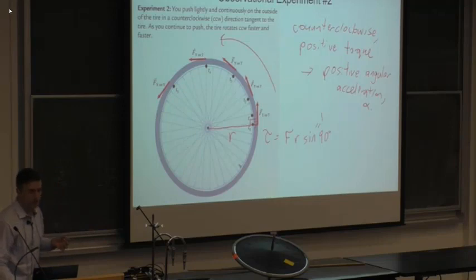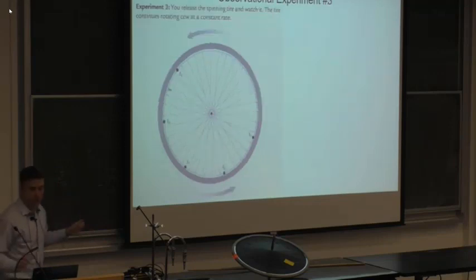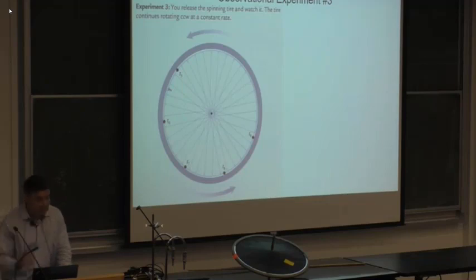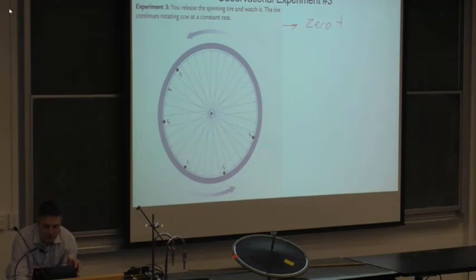Then you let go, 0 torque. You release the spinning tire and watch it, and look at those T5, T6, T7, T8, T9. Those are all equally spaced. So this is 0 torque, because you're no longer forcing it. And I guess we're neglecting friction here. Friction is somehow negligible for this little demonstration.